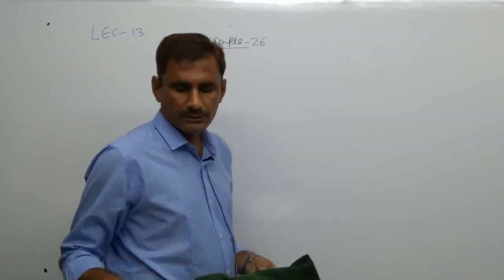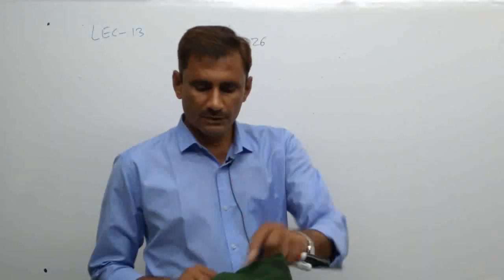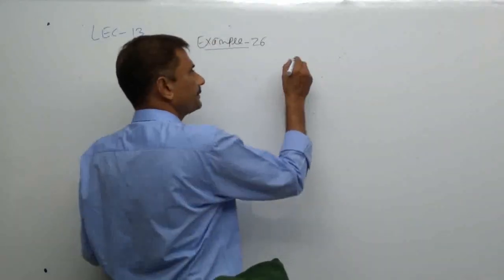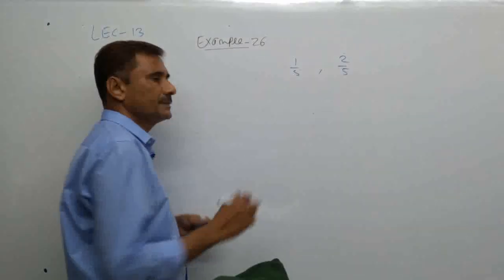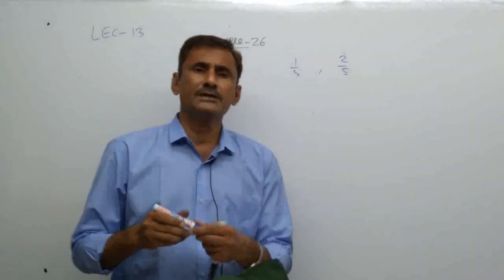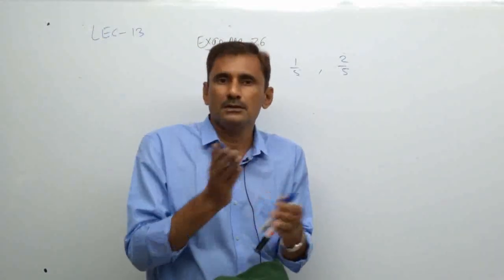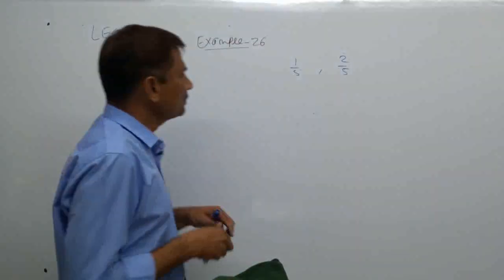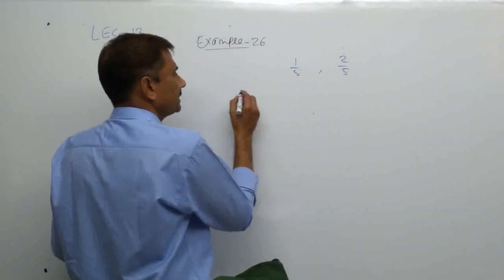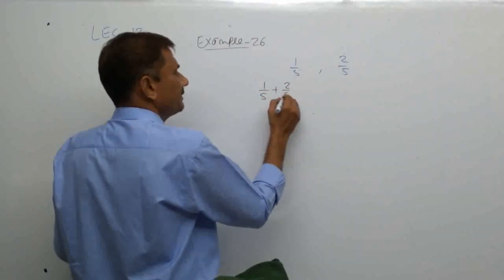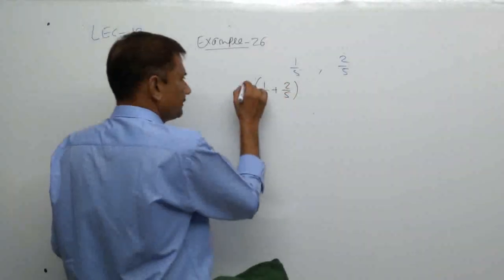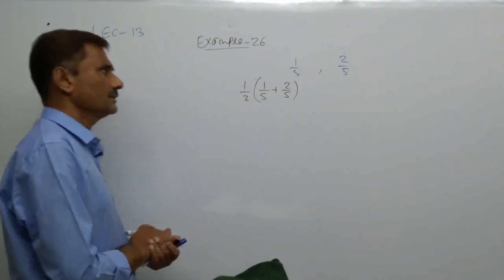They have given us 1 by 5 and 2 by 5. Okay, so take the average of both. If you take the average, then obviously it will be exactly in the middle. So the first number you get is 1 by 5 plus 2 by 5 divided by 2.